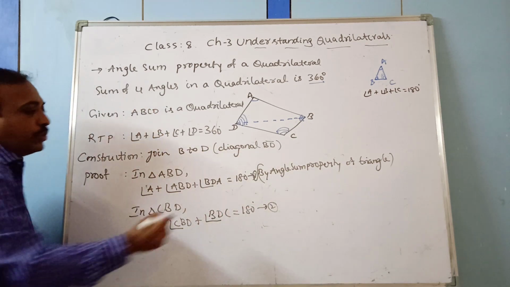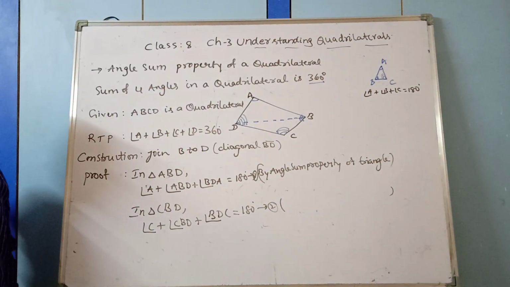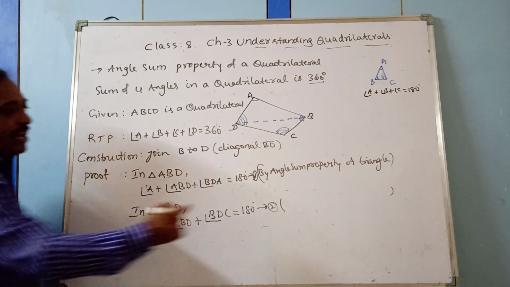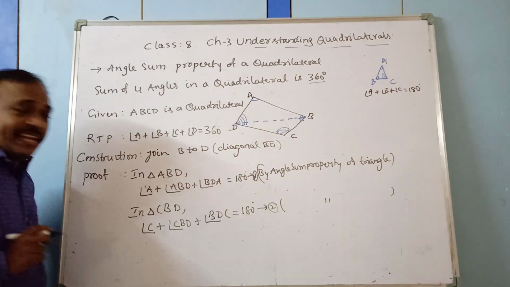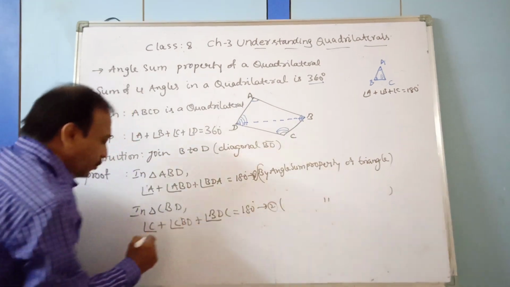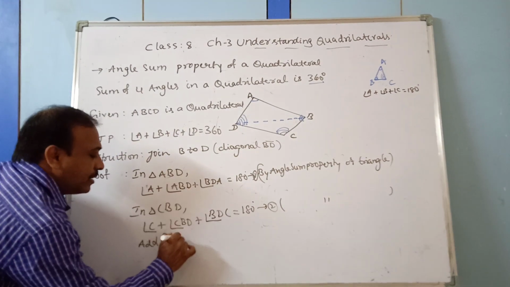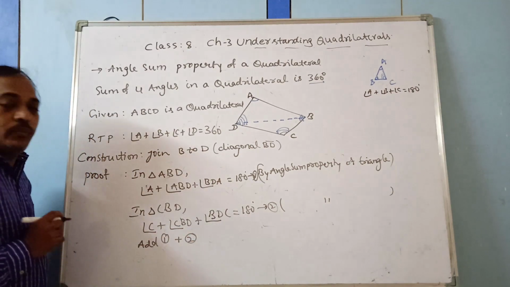This is equation 2. The reason is the same, by the angle sum property of a triangle, which is 180 degrees. Now add equation 1 and equation 2.